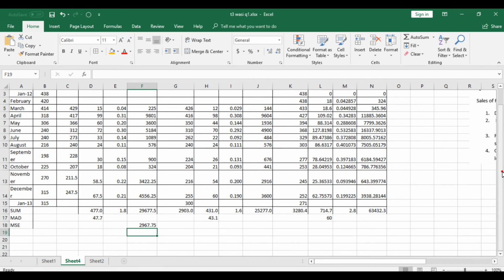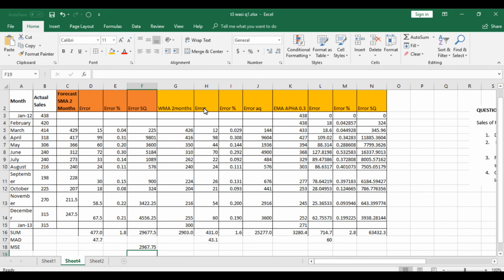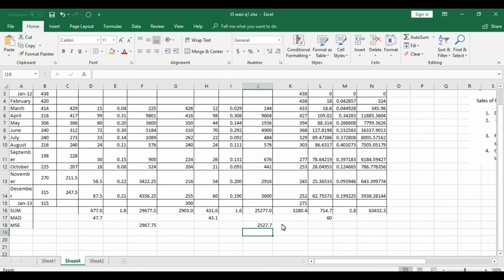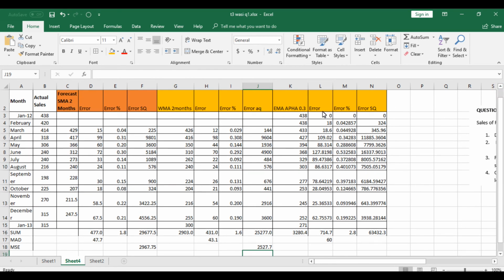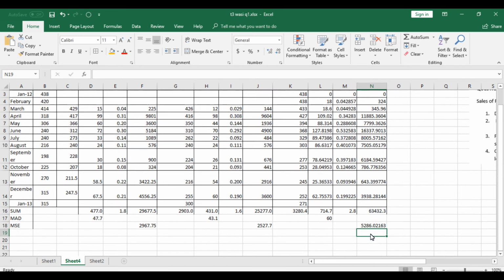And for the weighted moving average, sum of error square, which is here, divided by n. Here n is 10. For the exponential moving average, we have the sum of error square divided by n, which is 12.